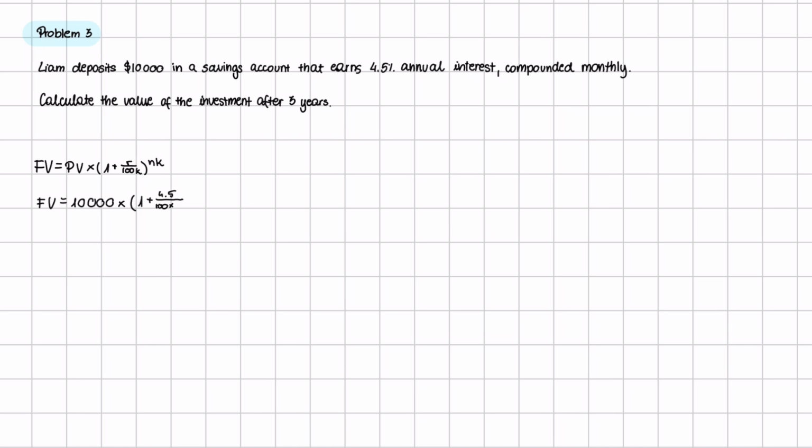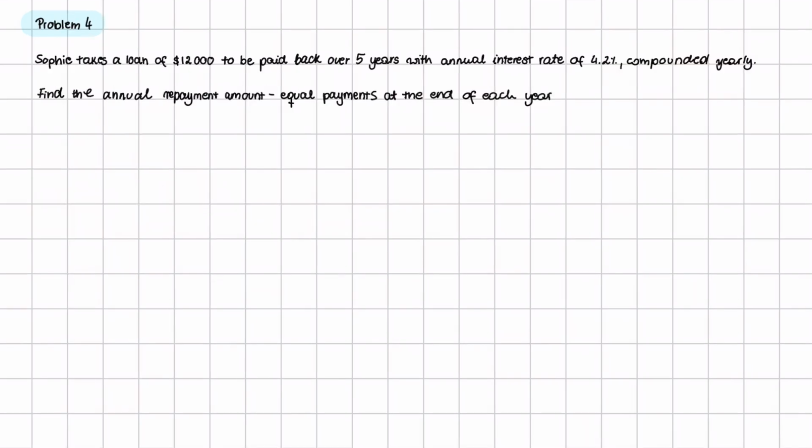So it occurs 12 times a year, so k is 12, and power is 3 years times 12, and our future value, if you calculate it, is 11,442.48, of course, dollars.